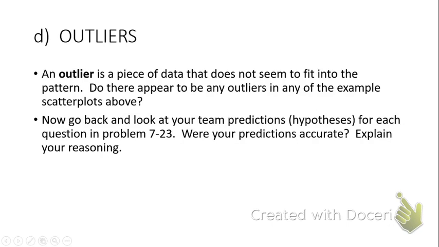Go back to your answers in A. Check to see if your predictions were correct or incorrect, and explain why you think you were either right or wrong. So there's two parts of that. Now, you're also going to have 5 answers for each one. Team 1, was your hypothesis correct or incorrect? Team 2, was your hypothesis correct or incorrect? Team 3, was your hypothesis correct or incorrect? And so on and so on.